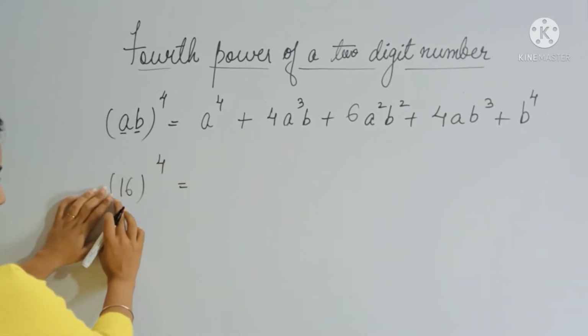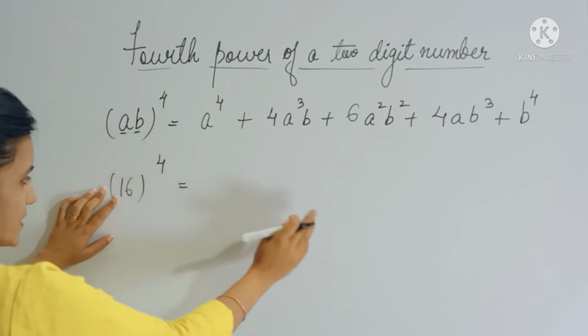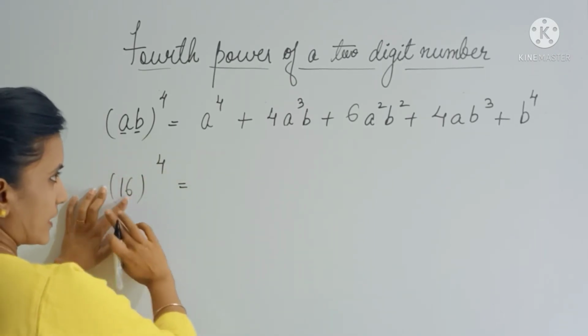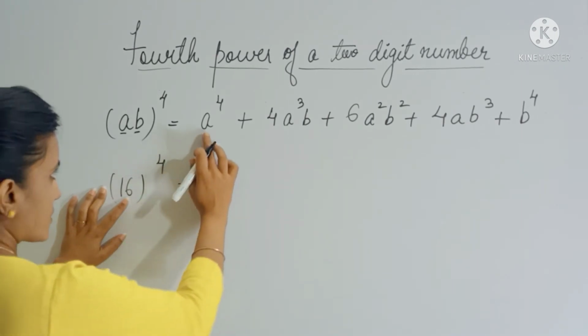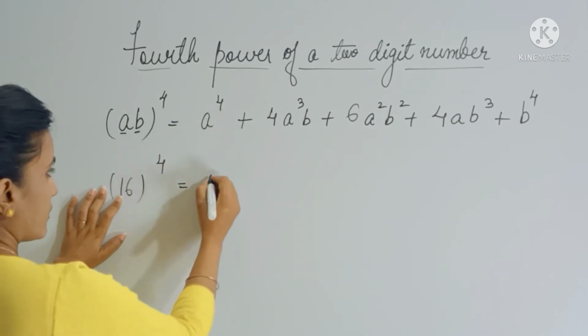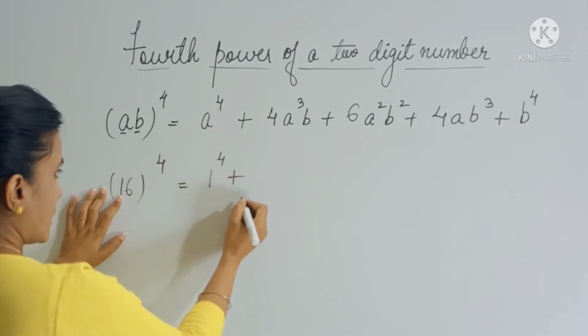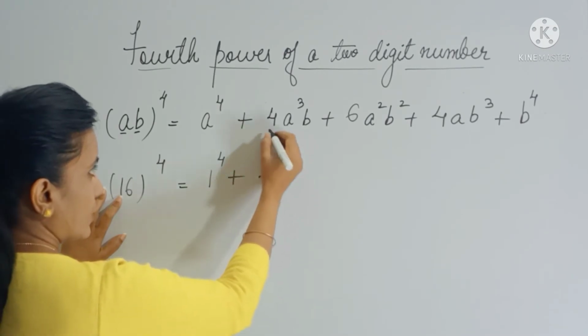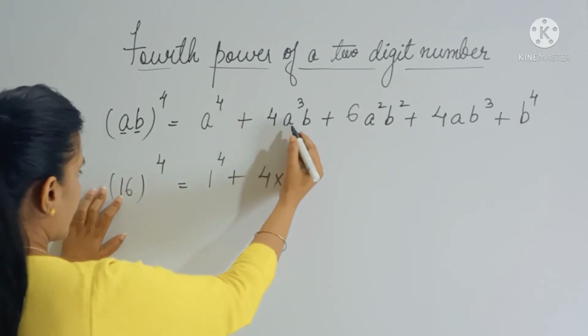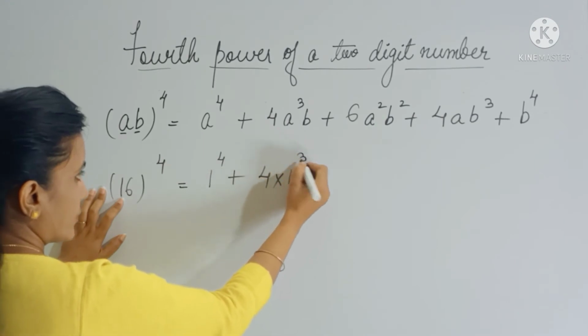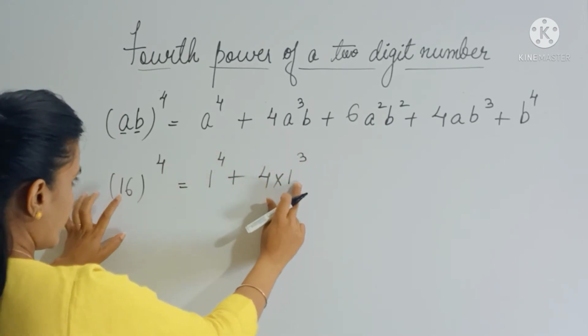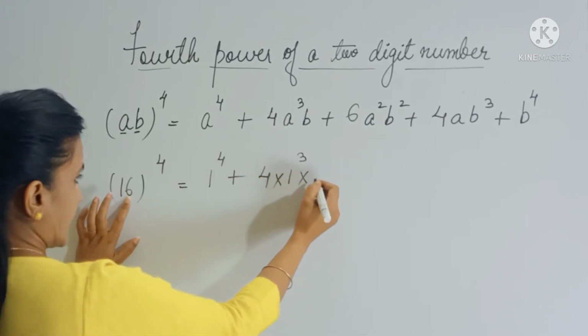So always remember, the power of the first digit decreases and the power of the second digit increases. Okay, so first is A power 4, which means we write 1 power 4. Plus 4 multiply, you have 4 here, so 4 multiply 1 power 3, the power is decreasing, and now we introduce the second digit, which is 6.